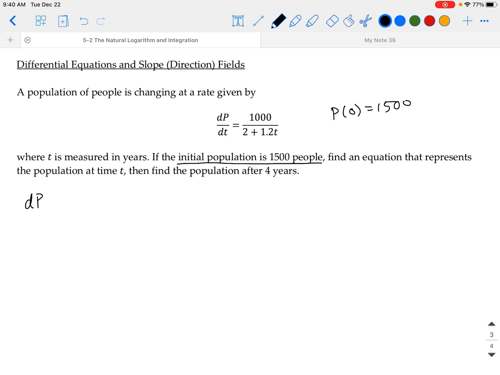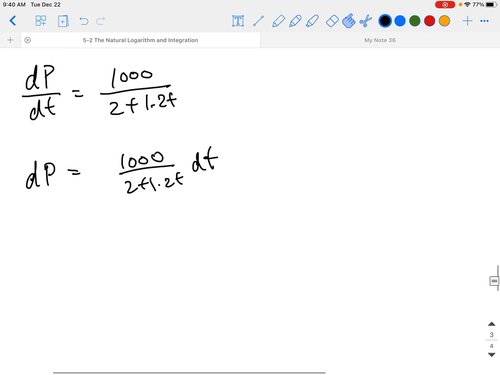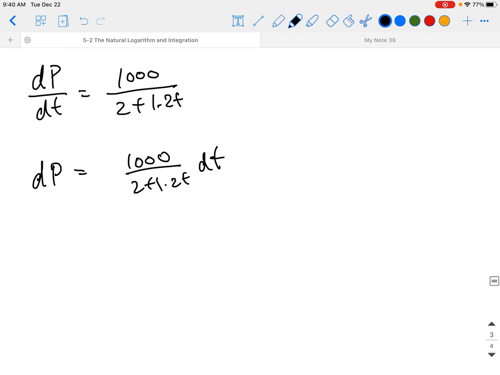So similar to what we did with those initial examples last chapter, we can take our differential equation and we're just going to multiply both sides by that dt term, the differential of time. And now, since we've got the two separate differentials on either side, we can actually integrate both sides and figure out what P is going to be equal to.